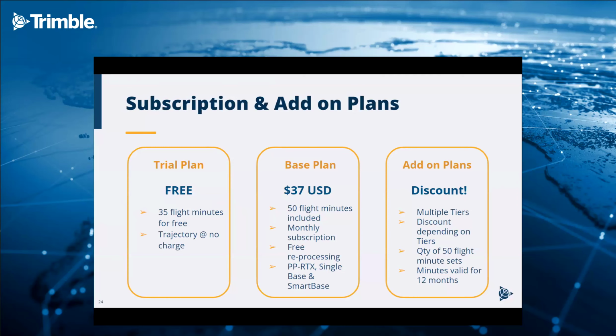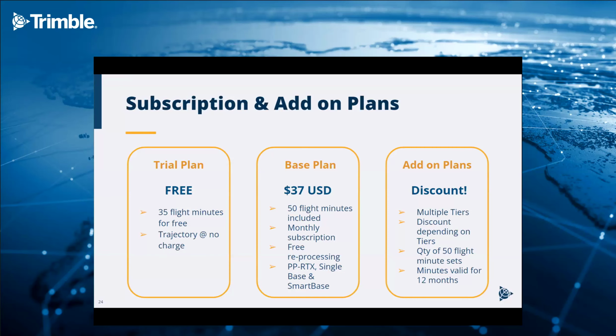So that brings me to the base plan. The base plan is a monthly subscription. It costs about $37 US, and it includes 50 flight minutes. Again, flight minutes are the dynamic or kinematic part of the logged GNSS rover data.